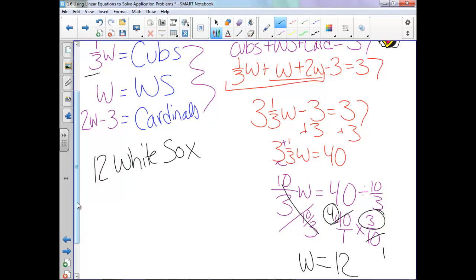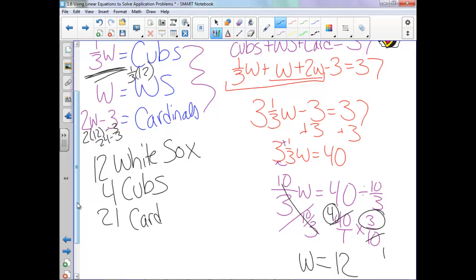He's got 1/3 as many of these for Cubs, so 1/3 times 12 is 4. And then we've got 2W minus 3, so 2 times 12 minus 3, or 24 minus 3, 21 Cardinal cards.